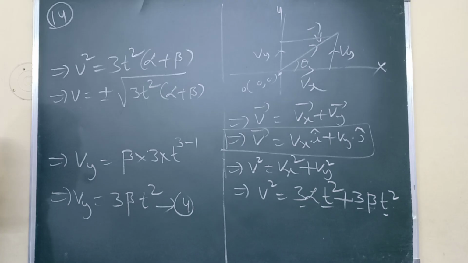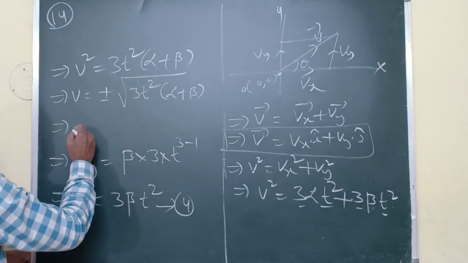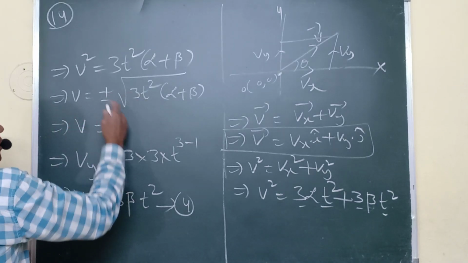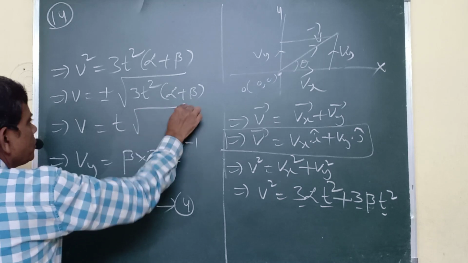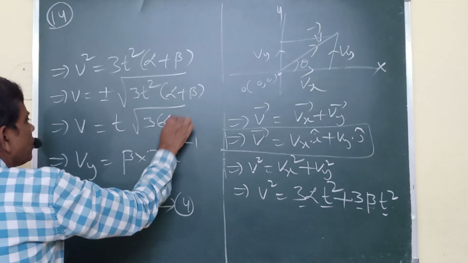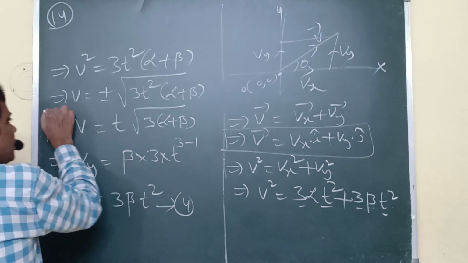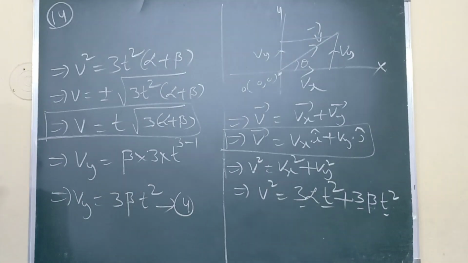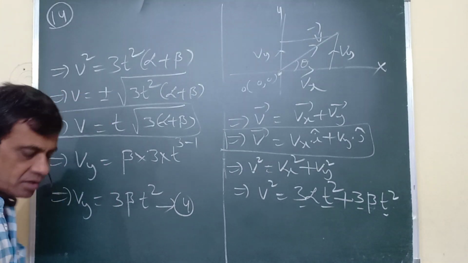This is not a velocity. If it is speed, only plus happens. Velocity may be positive or negative. Speed is always magnitude. So V equals, t comes outside, t into root 3 into alpha plus beta. That is the speed of the particle.